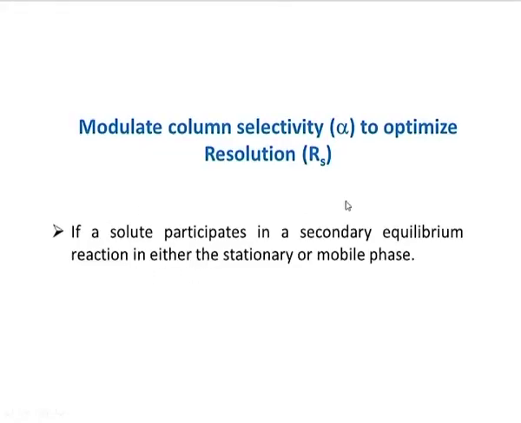There are a couple of ways through which we can achieve this kind of selective change of capacity factors. Okay. In especially liquid chromatographies, we need to look at what we call secondary equilibrium reactions of your solutes with the stationary or mobile phase. What do we mean by that? Let me show you by this particular chromatogram, this example.